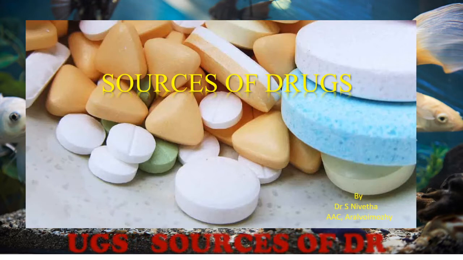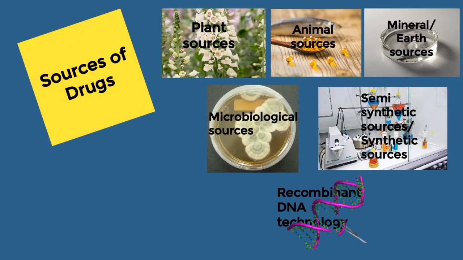Nature being the best source of drugs, we humans are also mimicking nature for our technology as well as for drug mechanism. Here, we have the sources of drugs, which include both natural as well as man-made. First being plant source, and second, drugs obtained from animals.